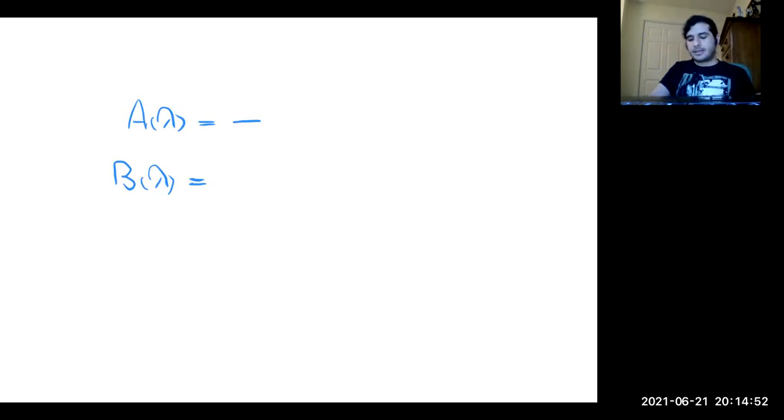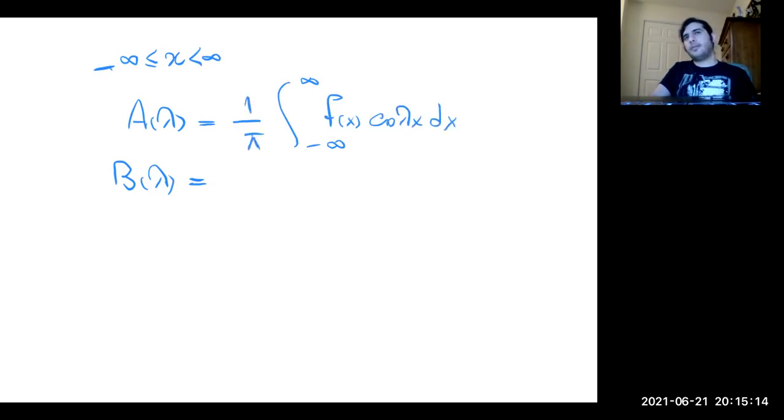In the previous case, x was between 0 and plus infinity. In this case, it's between minus infinity and plus infinity. So A lambda would be 1 over pi times the integral from minus infinity to plus infinity of f of x cosine lambda x dx. In the previous case, it was 2 over pi because the integral was from 0 to infinity. If you go back to Fourier series, you would see why these two cases are different. What's the source of the difference?